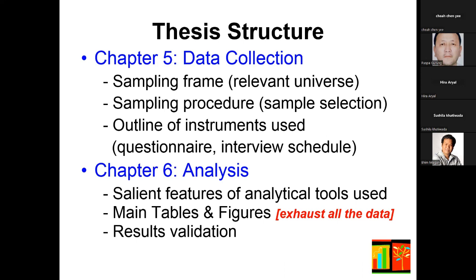Sampling procedure is one of the research methods. Outline of the instruments used: questionnaire, interview schedule. Whichever type you are going to use for the collection of the research materials, you have to write down here, whether it is literature based, or qualitative method, or quantitative method. You have to make it clear here also.